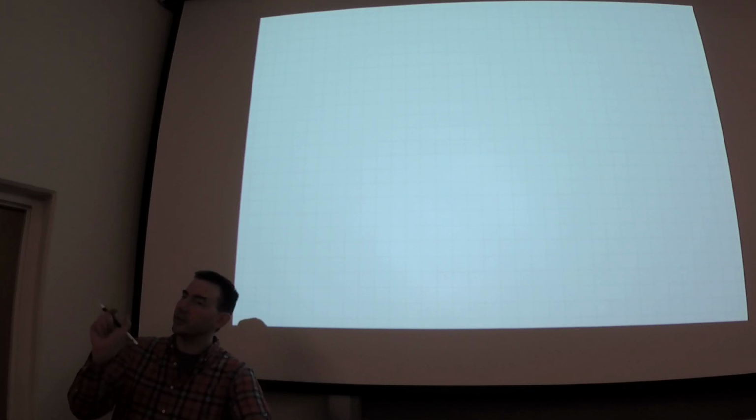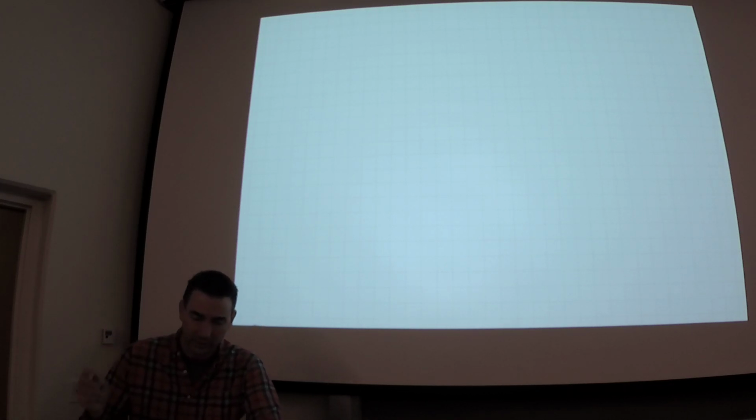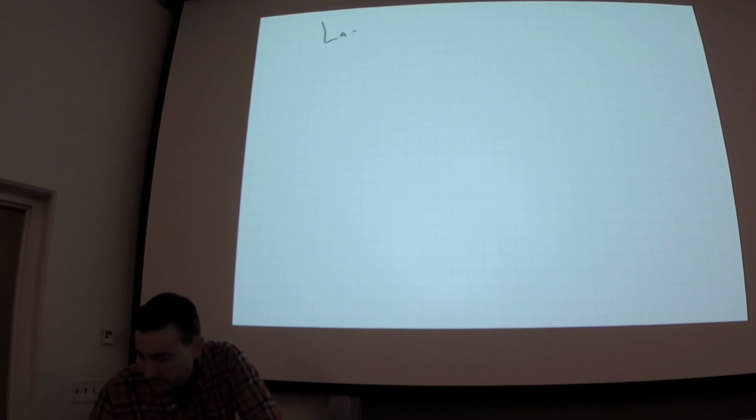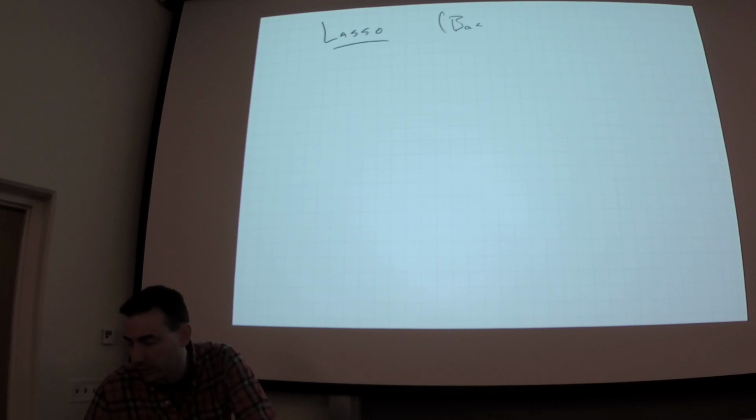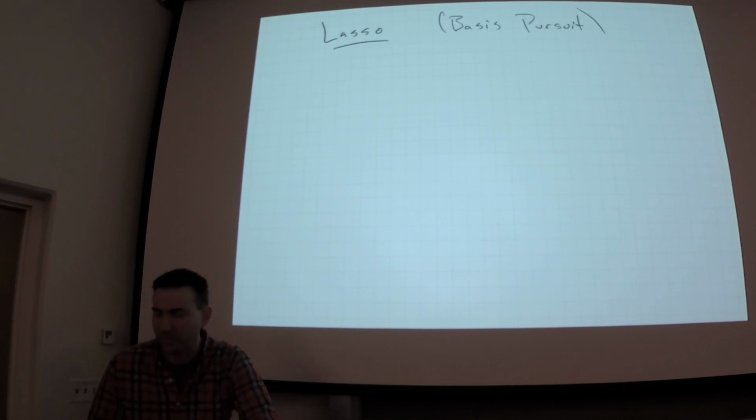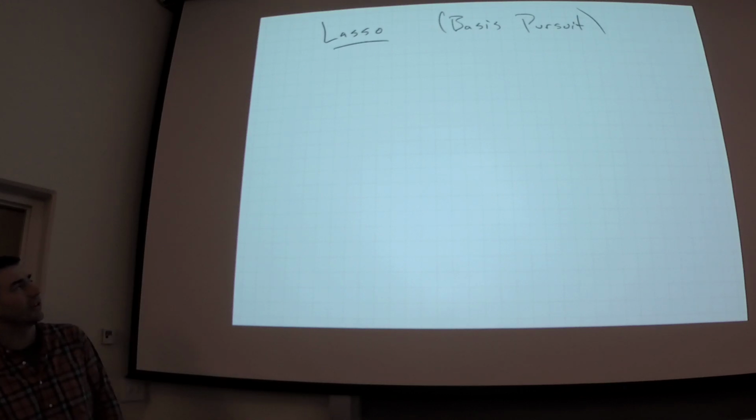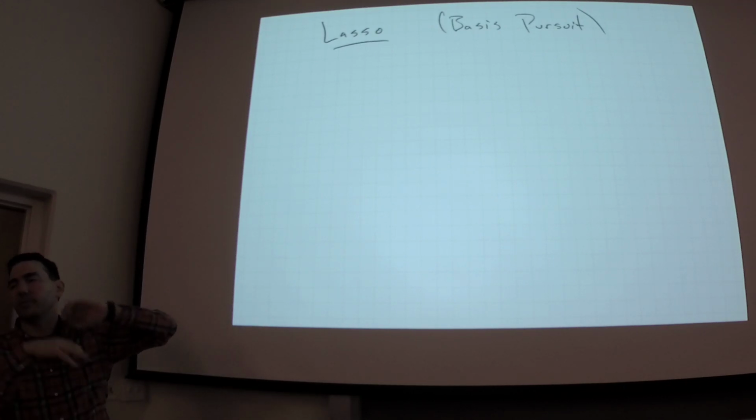Okay, so ridge regression does not induce sparsity. To induce sparsity, I need to change this just a little bit, and this will be a technique called lasso. It also has other names. Basis pursuit is often associated with this, though it might actually be the name of an algorithm.